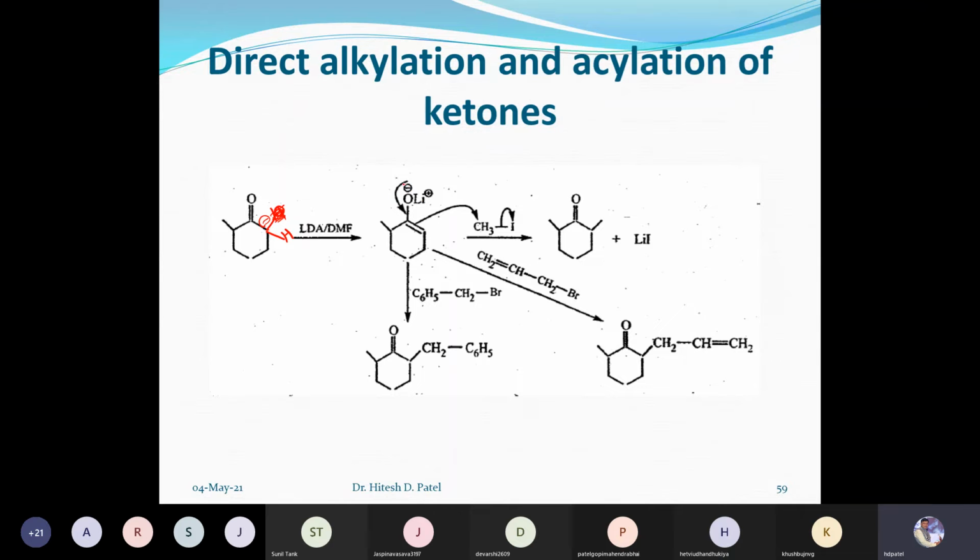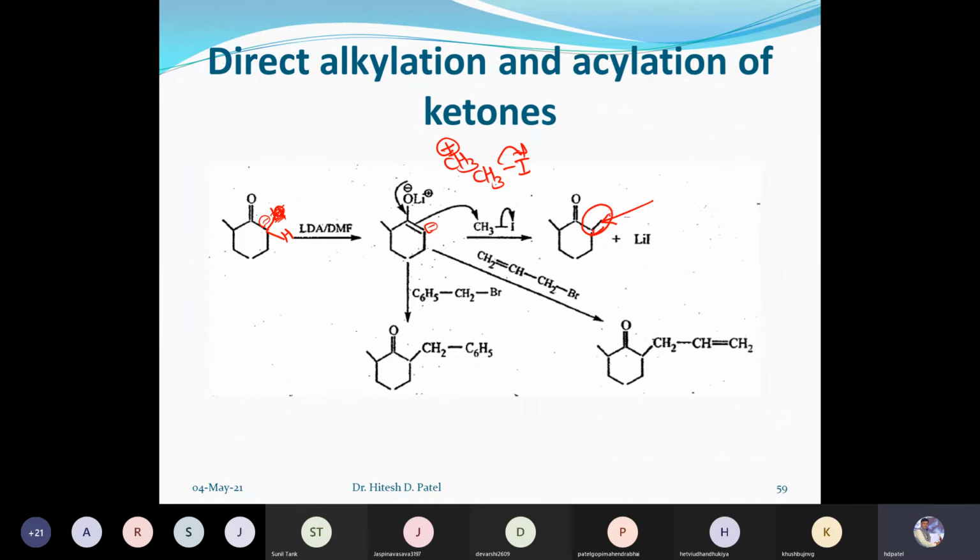But again it will convert into C double bond O, and this double bond electron will migrate over here, or we can show it reacting with CH3I. Now in methyl iodide, CH3I, iodine will pull electrons, and that's why CH3 becomes plus. So a methyl cation will form. Now in the methyl cation, what happens? This CH3 will attach to this carbanion, and as a result we can see we have introduced an alkyl group over here.